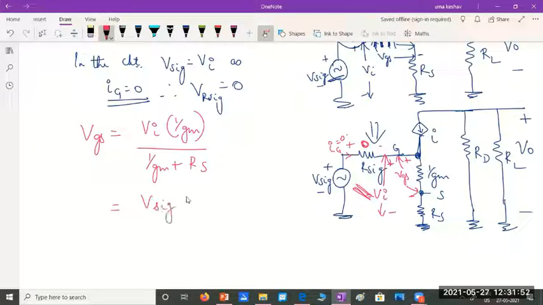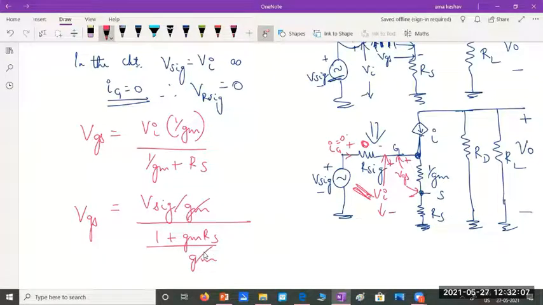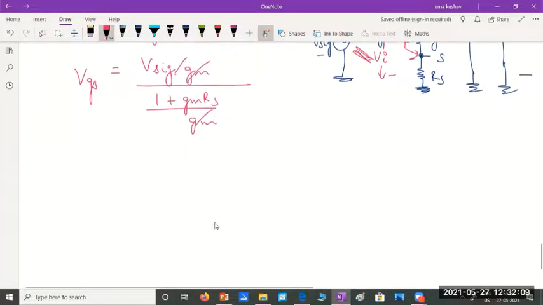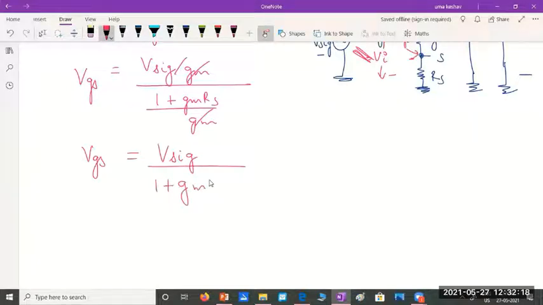So I can replace this as Vsig by Gm in the numerator, and this is 1 plus Gm Rs by Gm in the denominator. If I cancel Gm in numerator and denominator, what are you left with? You are left with the equation VGS is equal to Vsig divided by 1 plus Gm Rs.